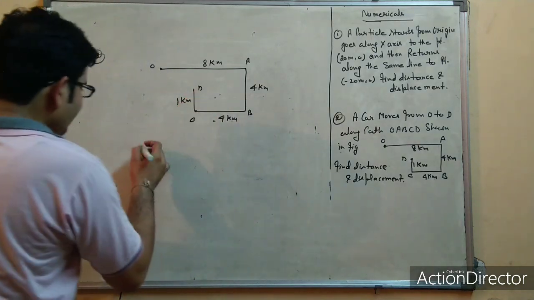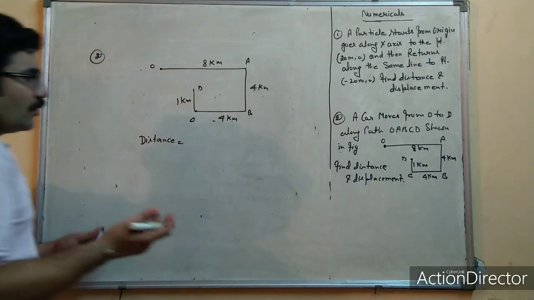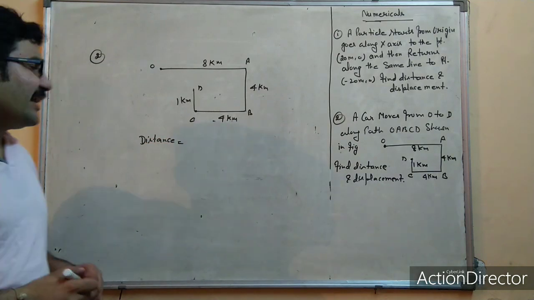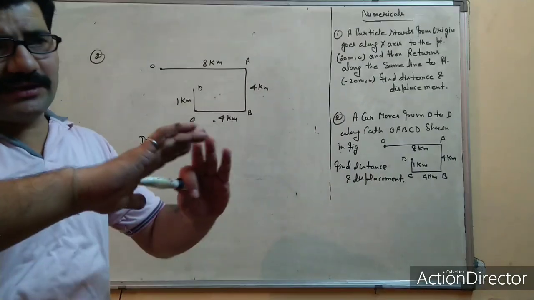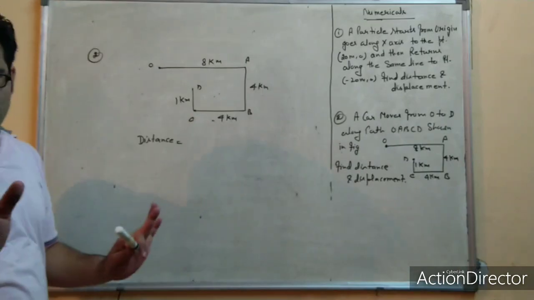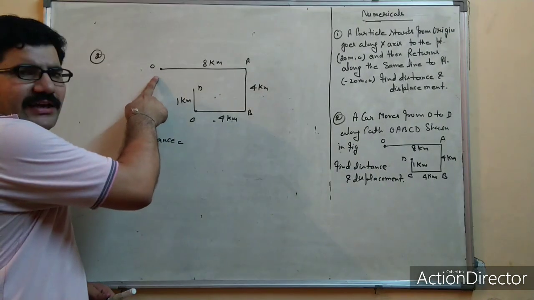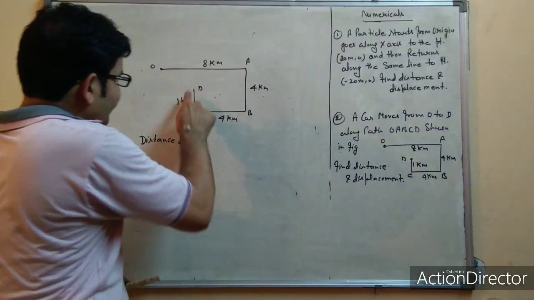So let's check the distance first. What is the main technique to find the distance? You just have to add distance and distance. You have to take the total distance of all the path between the two locations. We start the journey from A and reach point D, so this is the total path we have to travel.